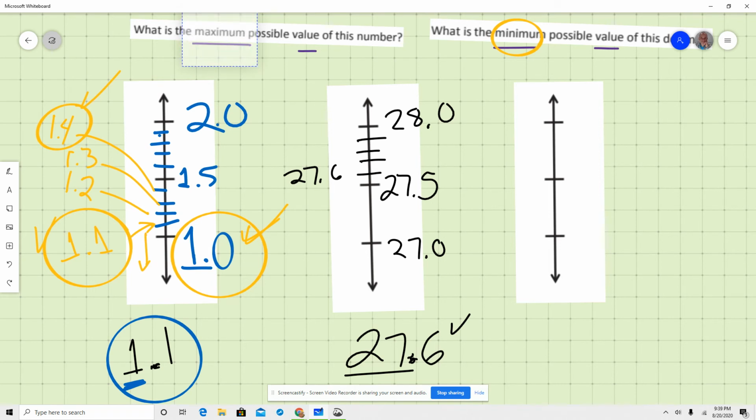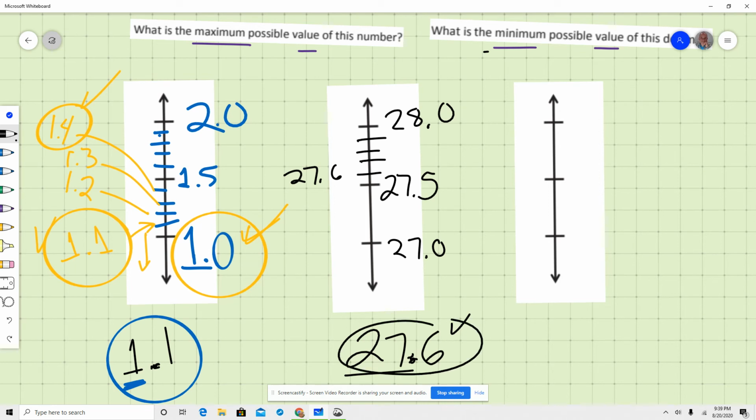First of all, let's decide this number is going to round to 28, because it's closer to 28 than to 27.